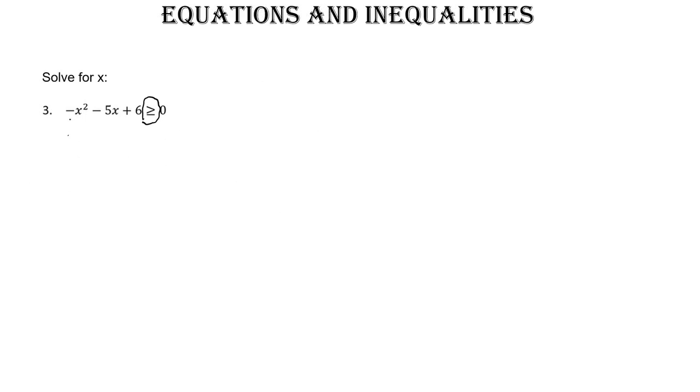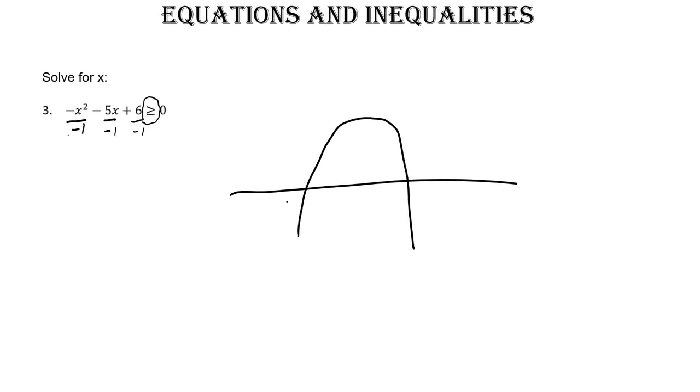So now, since we have a negative, and please take note, when you divide everything by a negative, your inequality changes. Reason why? This is a negative parabola. It looks something like this. And what do they want? They want for which values of x is f of x greater than 0. So you're going to be looking in this region over here specifically, right?